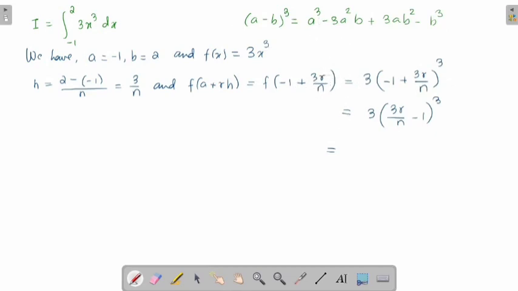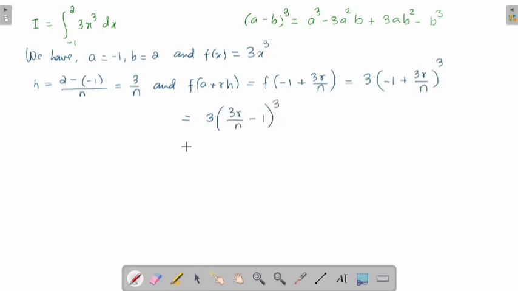So we have 3 into (3r by n minus 1) whole cube.